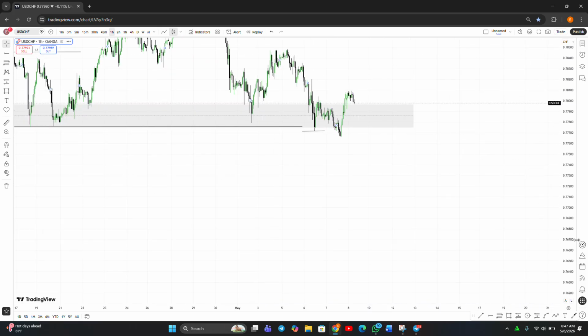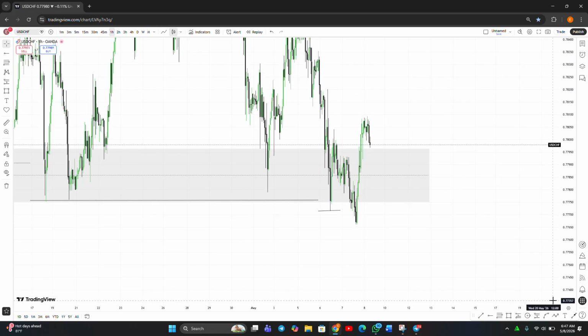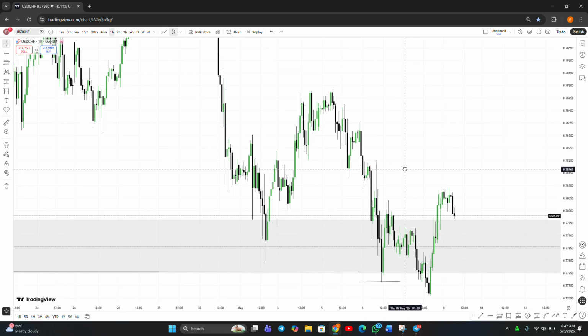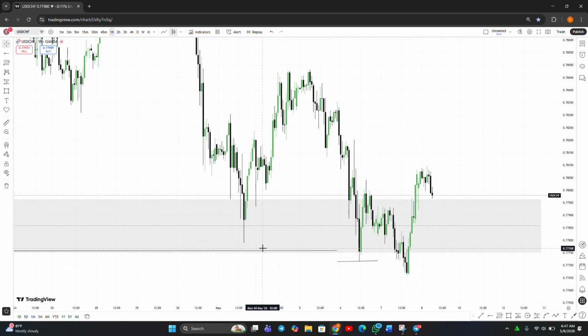Okay, so this is what I have on the 1 hour. Mind you, I saw price do this already. And this is the 50% zone that this transaction is playing out. All right.